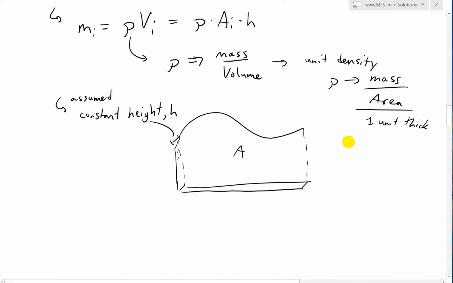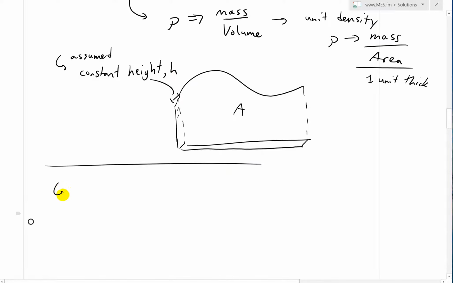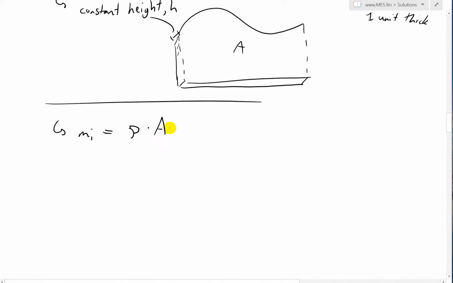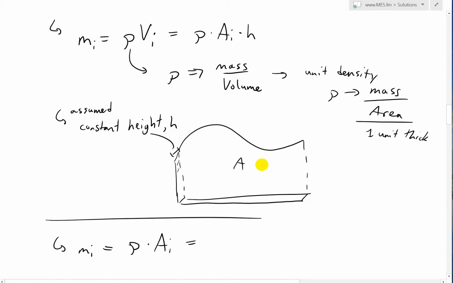Basically, just ignore this part here and deal with the unit density. We'll just call this rho times area Ai. And again, I'll show you later how the h will cancel out anyways.